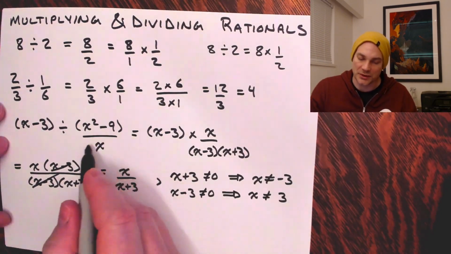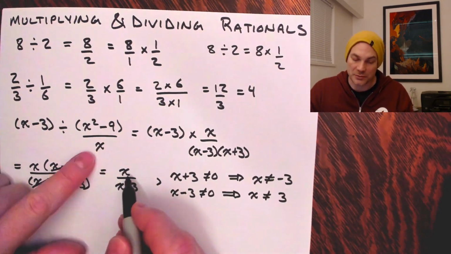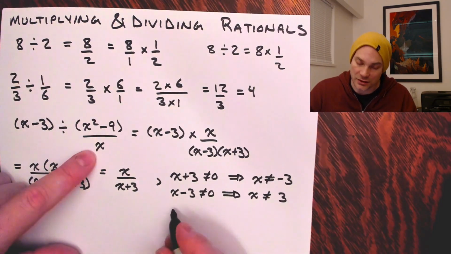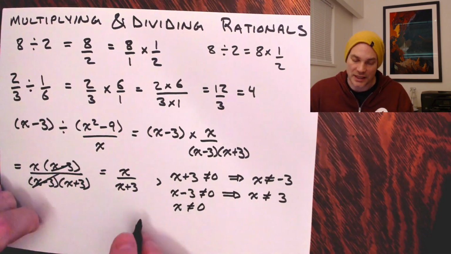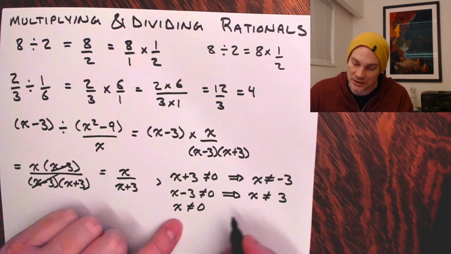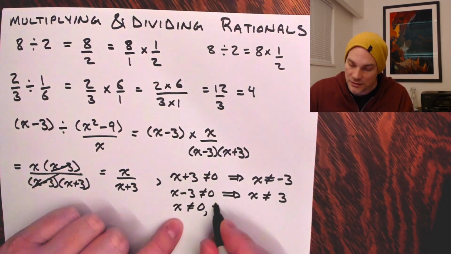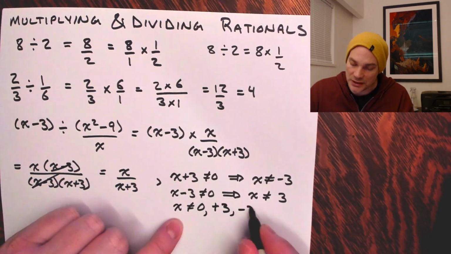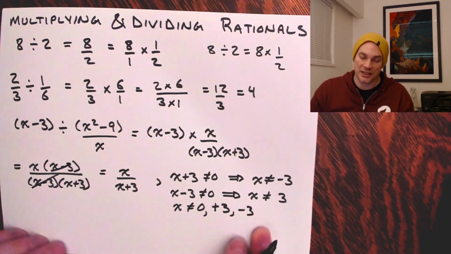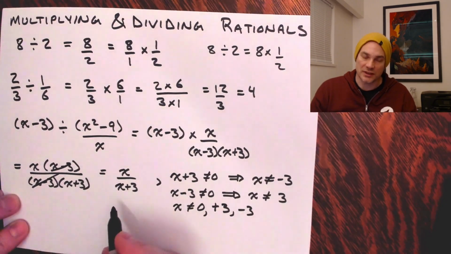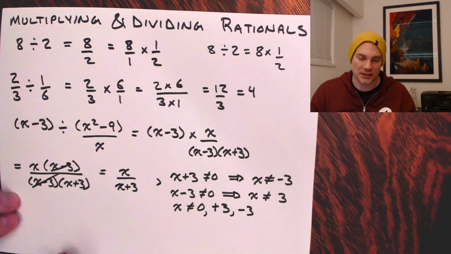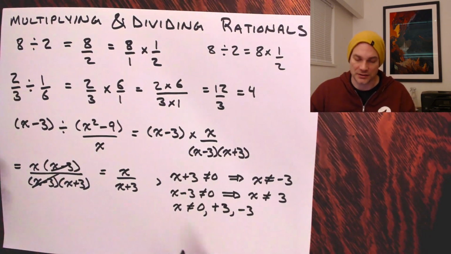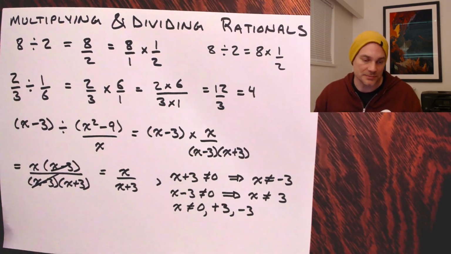But what about this one? So it's now in the numerator, but it started in the denominator, so it also can't equal 0. So x can't equal 0. So now I have these three conditions, 0, plus 3 and minus 3. So x can't equal any of those numbers, and we have this rational function, rational expression. An expression just doesn't equate to something. It just is the expression of it.